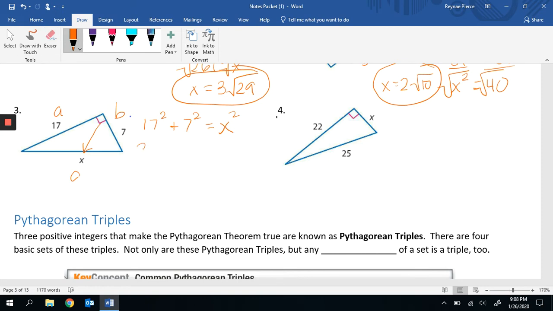Okay, 17 squared is 289. 7 squared is 49. When I add them together, I get 338. Okay, and then the square root of both sides will get me the length of my hypotenuse.